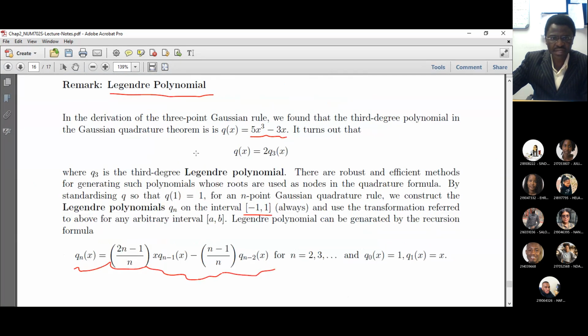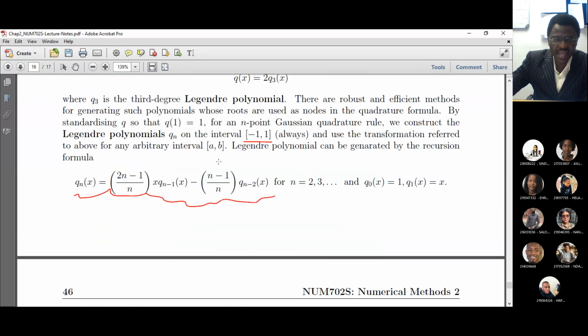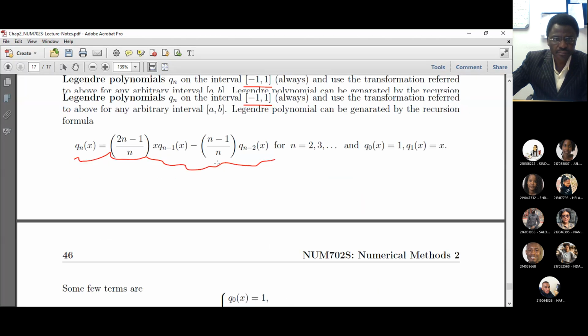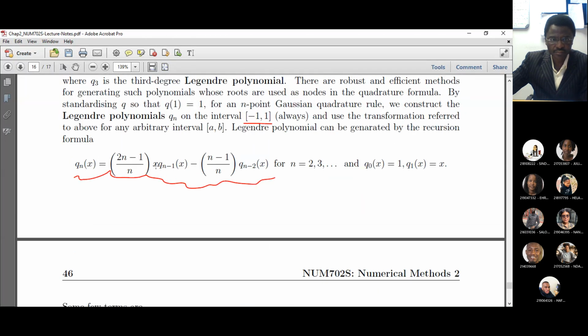Now, that is for the 3-point. Now, if we take n equal to 3 into this formula, because here we have Q0 is 1, Q1 is x.